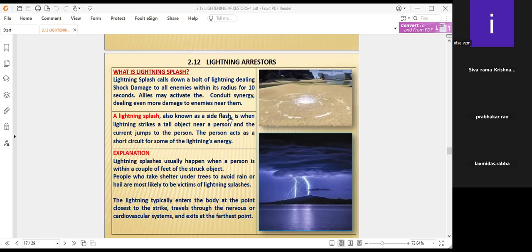So the power requires only a way to pass to the earth. The main criterion is that a good conductor is required. Correct, sir. So if there is a gold plate, it is a very good conductor compared to copper. Yes, correct. That is the main reason the power finds its way to reach the ground.